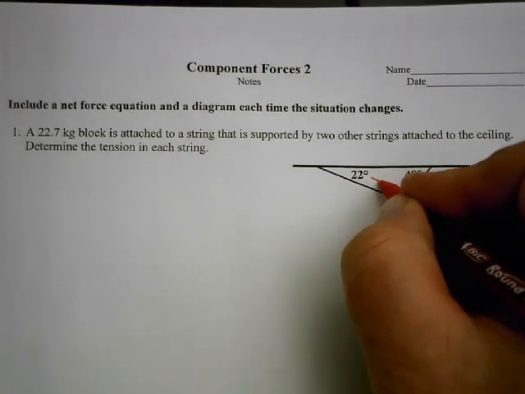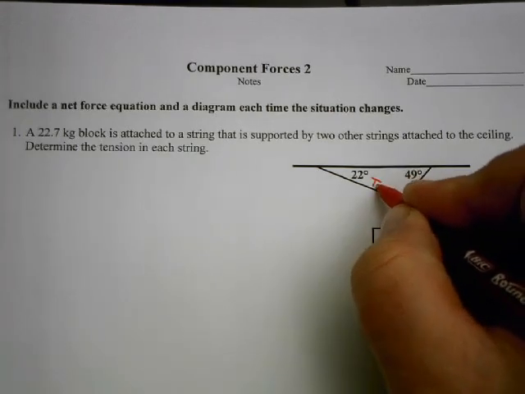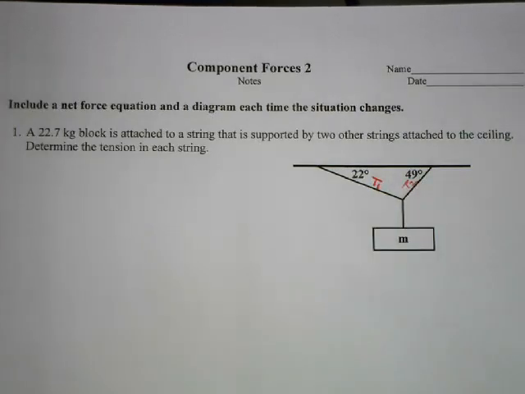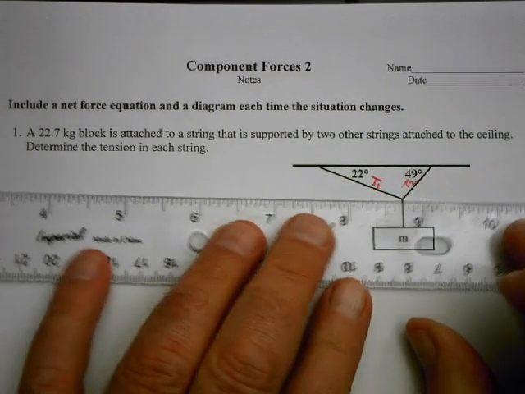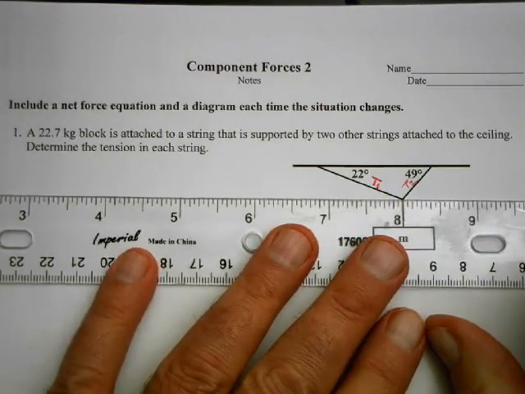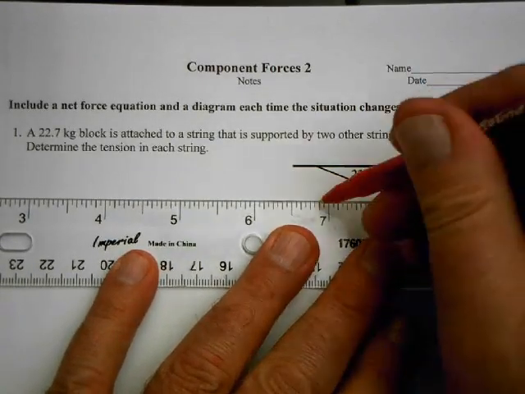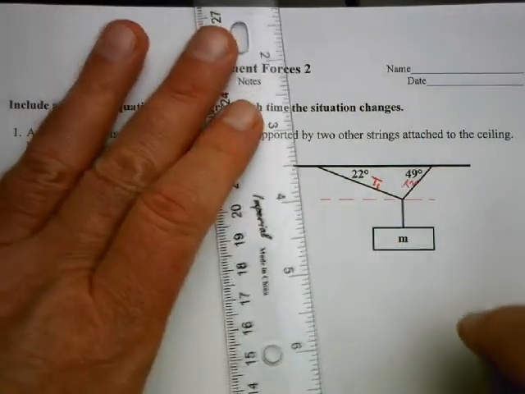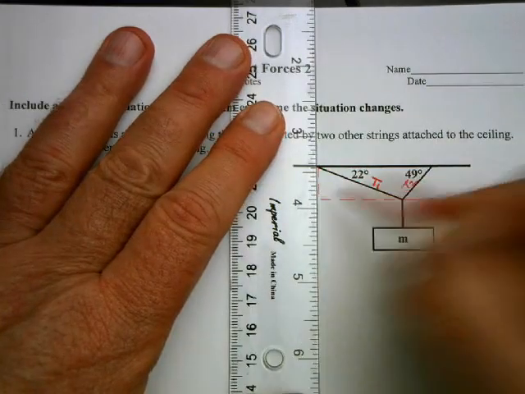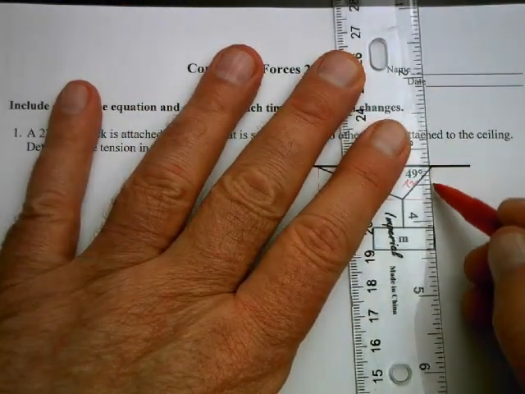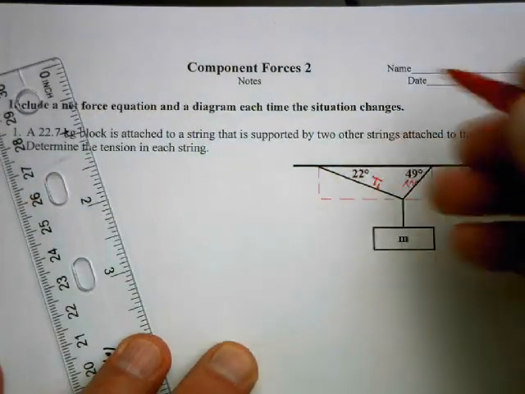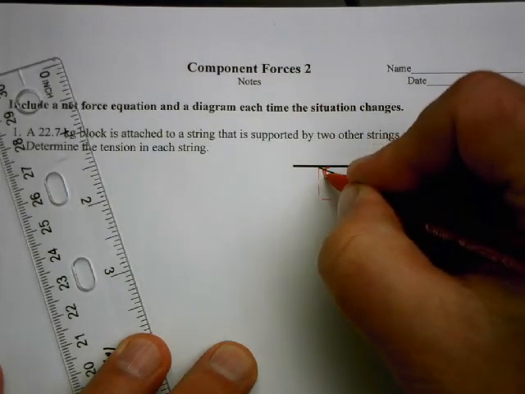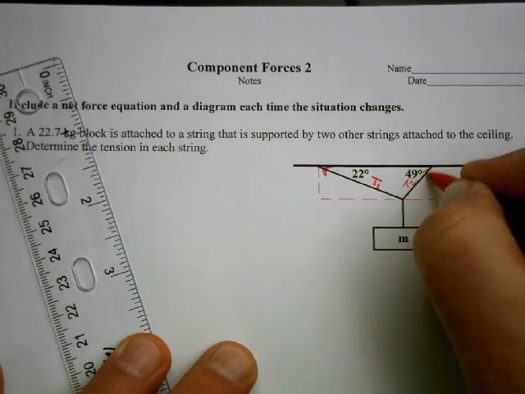So first off, I'm going to label this one T1 and this one T2, and then draw in the components. Now, these tensions, they're holding up this block, so basically they're pulling in these directions.